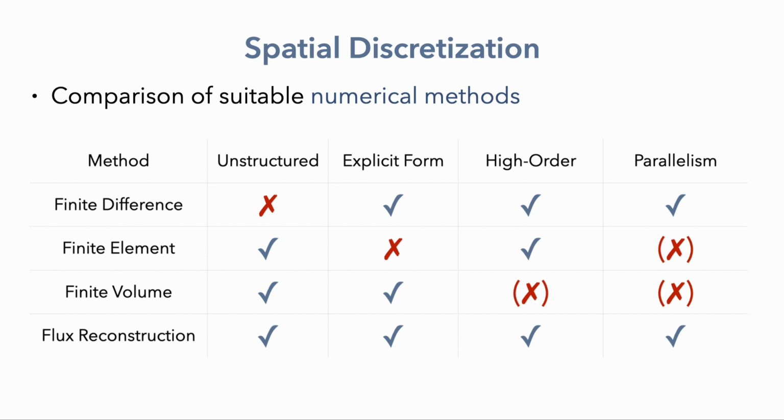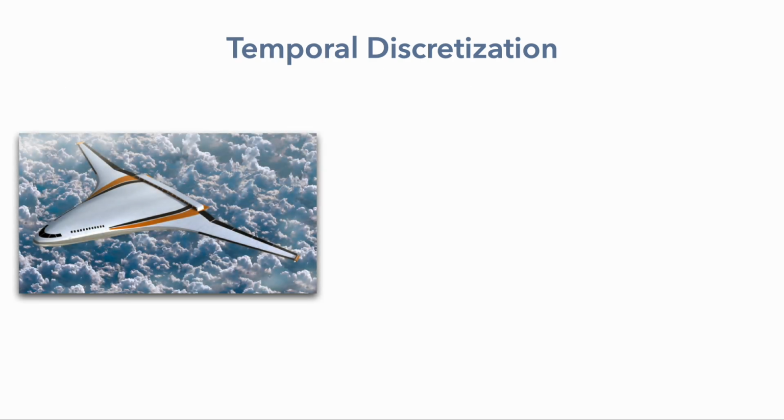And FR does the exact opposite. With FR, if you increase the polynomial degree, so increase the order of accuracy, the relative amount of parallel communication actually goes down. So this is really why we want to focus on FR as our spatial discretization.